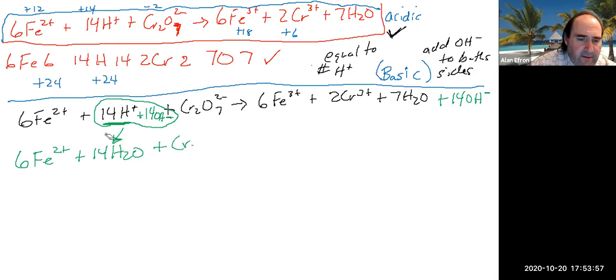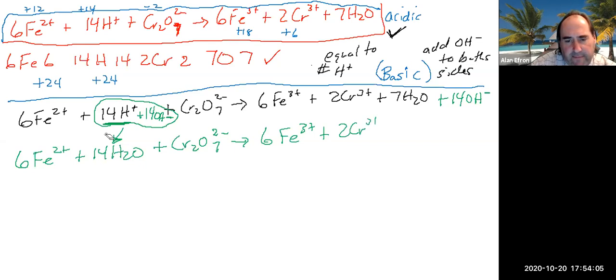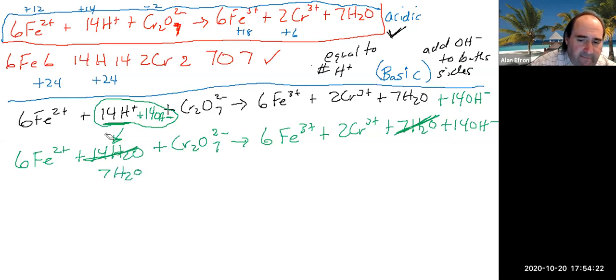And our Cr2O7 2 minus gives us 6 irons, a couple of chromiums, 7 waters, and our 14 OH minuses. Now at this point, what usually will happen is, as you can see, we have 7 waters on the right-hand side. They will cancel out and leave us 7 waters on the left-hand side.